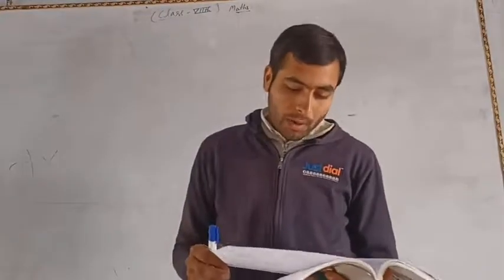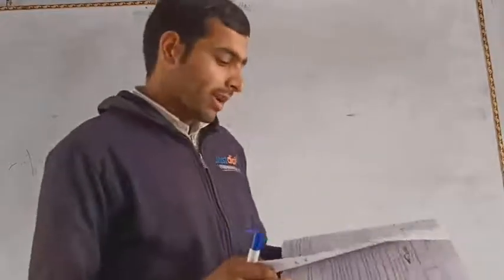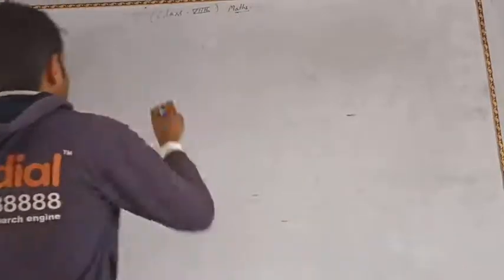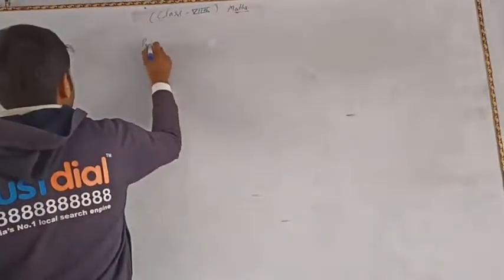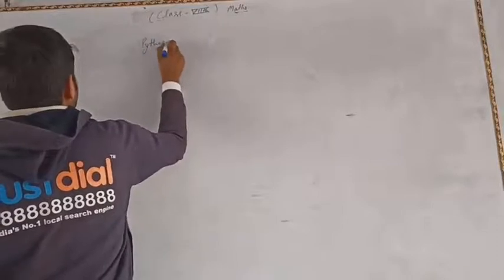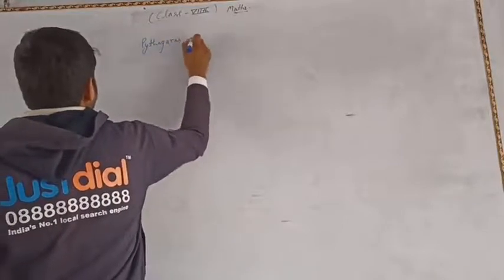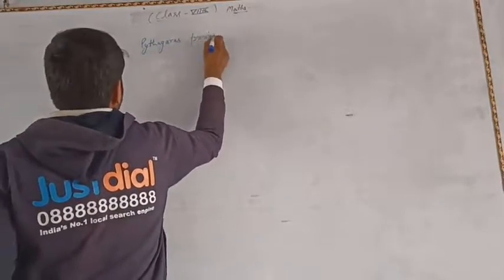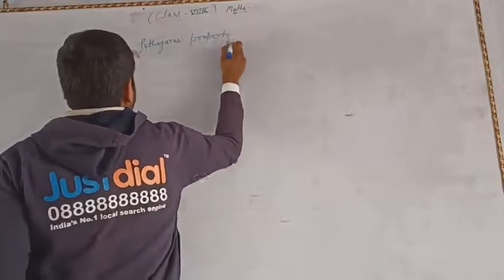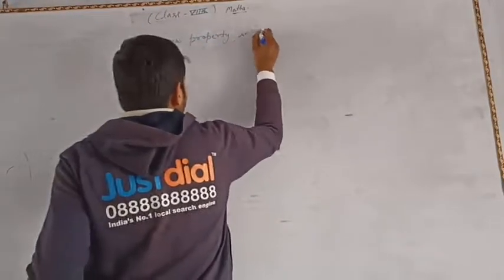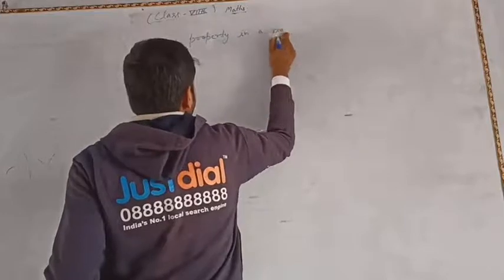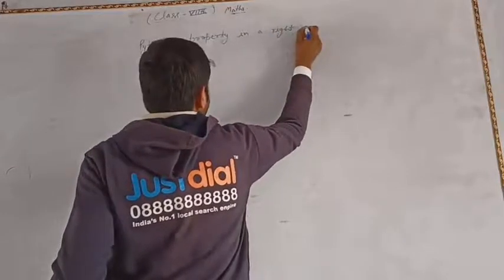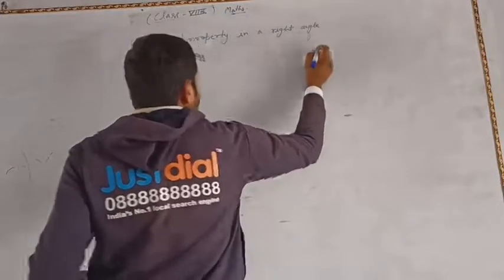Exercise 11.4: Pythagoras property in a right angle triangle.